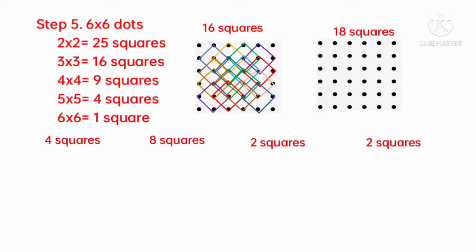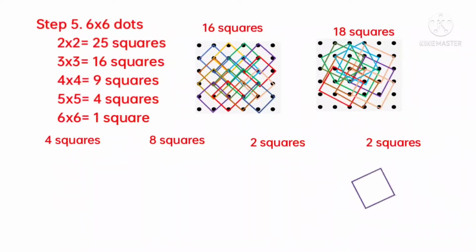Basta 16 po yun. Huli lang ako sa pagbilang. So, 18 squares yung mabubuo natin sa susunod na size na square na parang rhombus: 1, 2, 3, 4, 5, 6, 7.